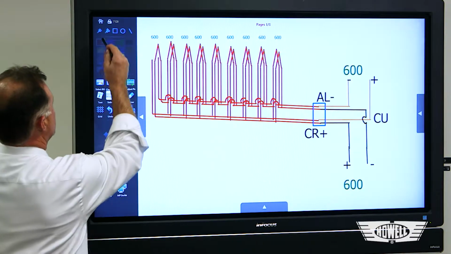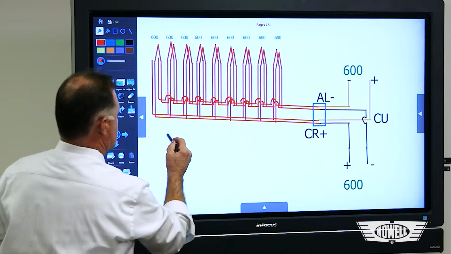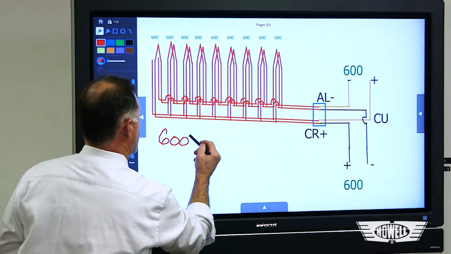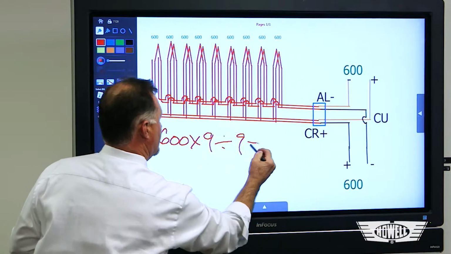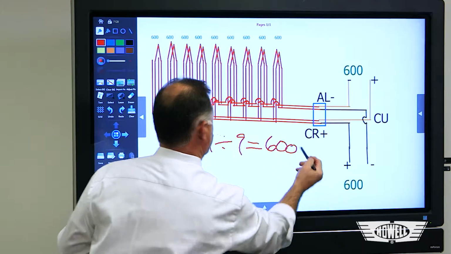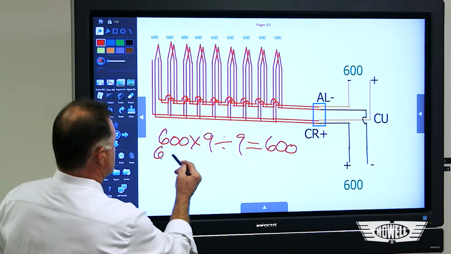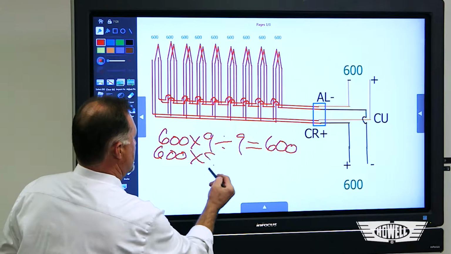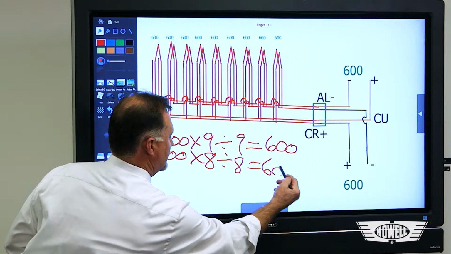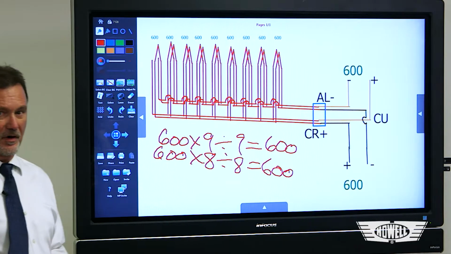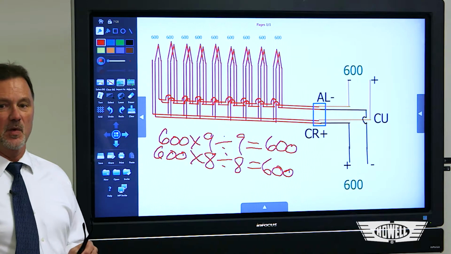So before, I had 600 degrees times 9 divided by 9 equals 600 degrees. Now what I actually have is 600 degrees times 8 and then divided by 8 equals 600 degrees. Not real hard math, but when you do have an open, it literally drops out of the circuit and has no impact on the average.